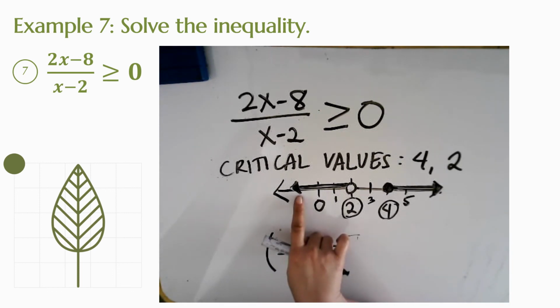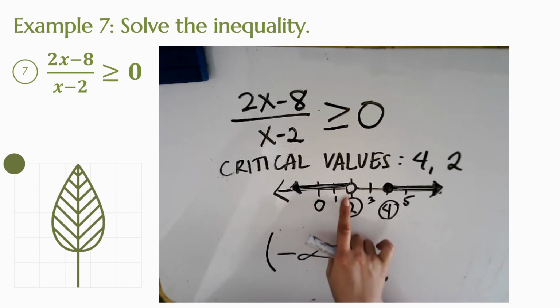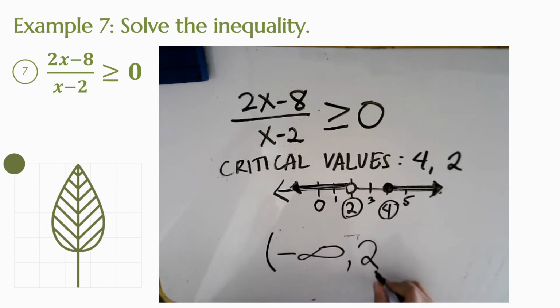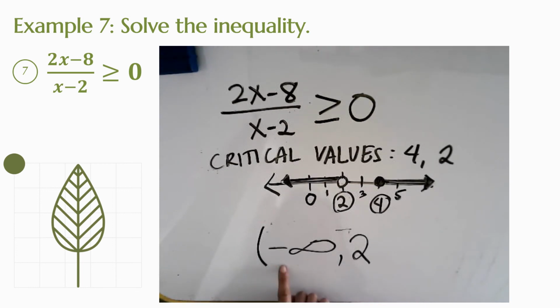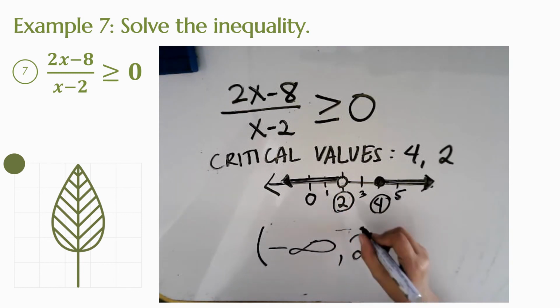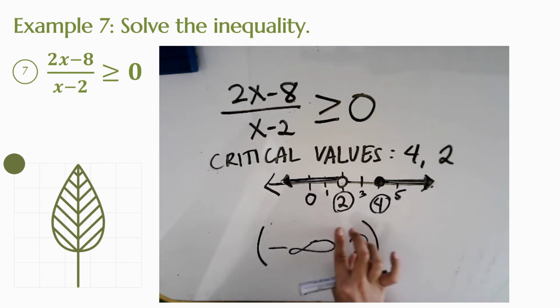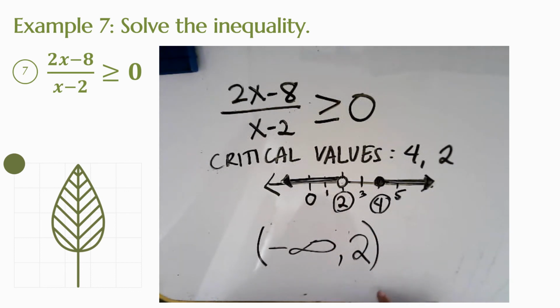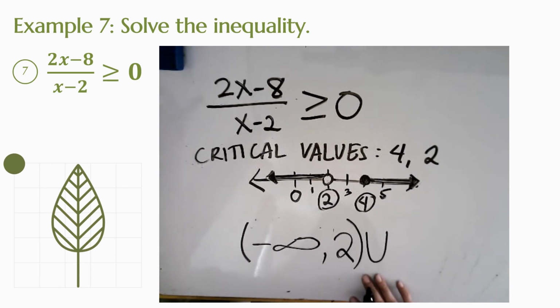From negative infinity up to what? Up to the critical value 2. So, comma, 2. This means from negative infinity up to 2. But since 2 is not included in the solution, we are going to use a parenthesis, not a bracket. So that's one solution. Another solution is on this part, so we have to write union, or plus.